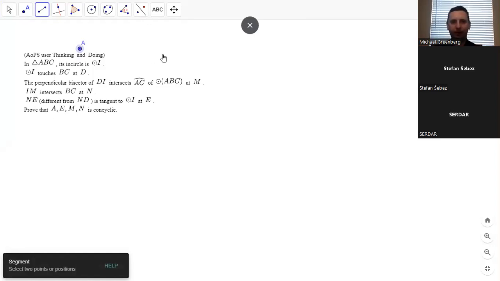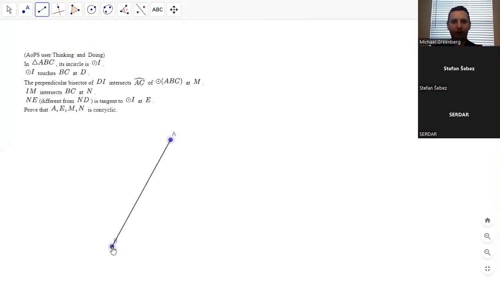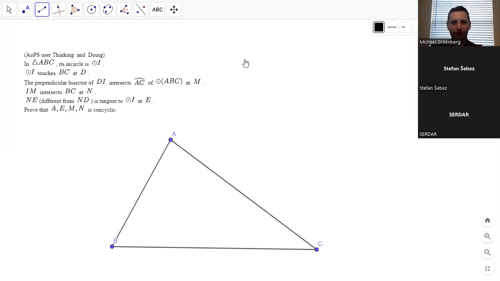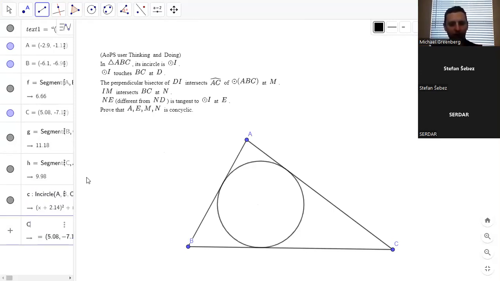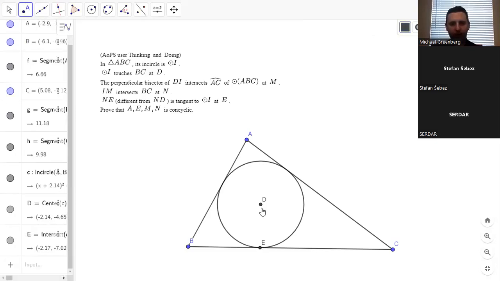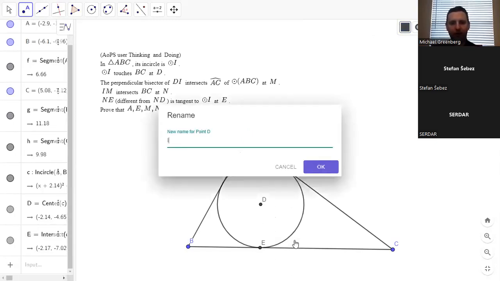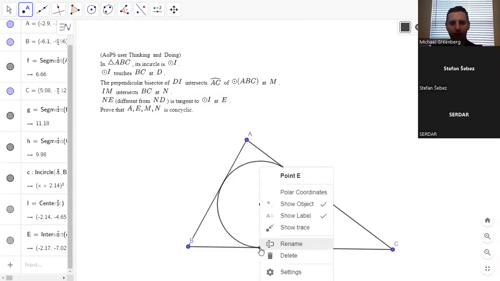So we have a triangle ABC within circle I, and it touches BC at D. Oh, whoops, this should have been I, and this should be B.